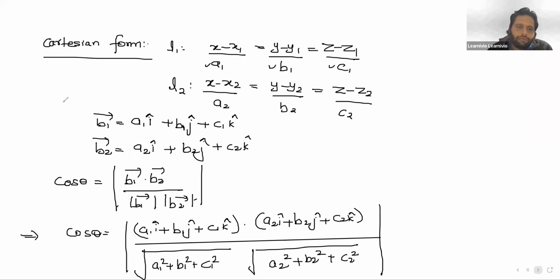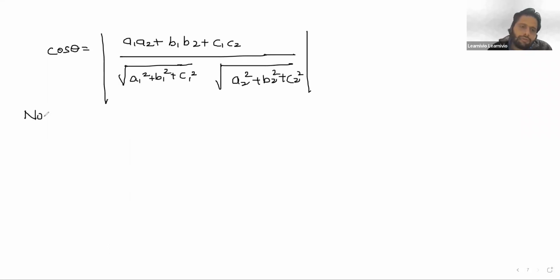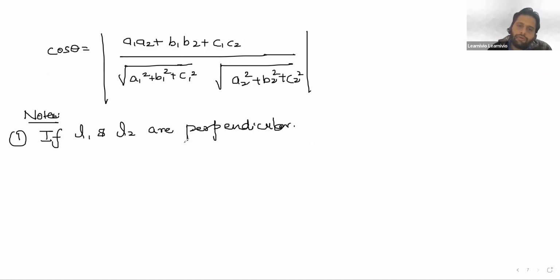Okay, now some notes. First is if L1 and L2 are perpendicular, then what will happen? Who can tell me what is B1 dot B2 then?